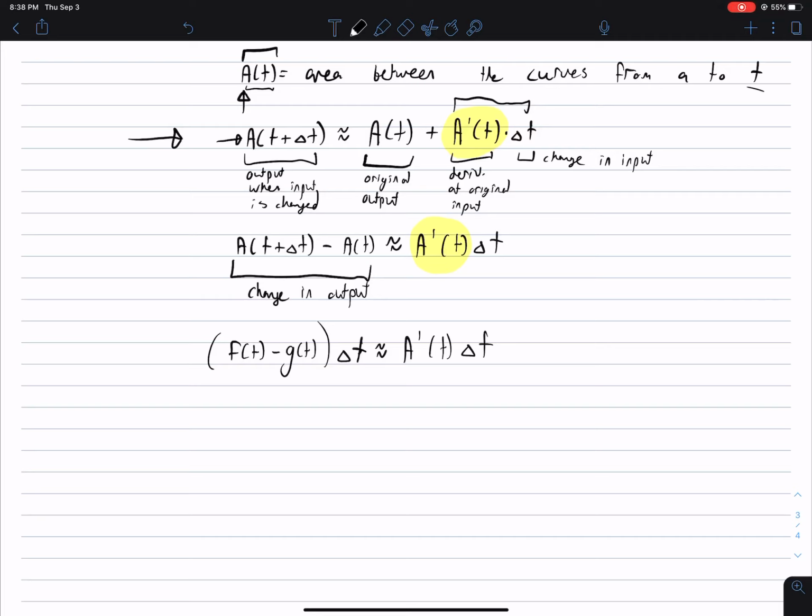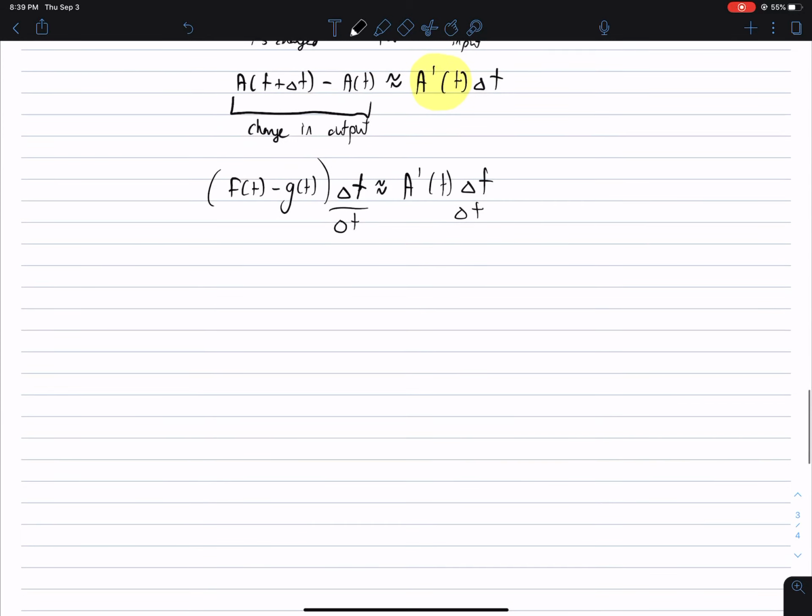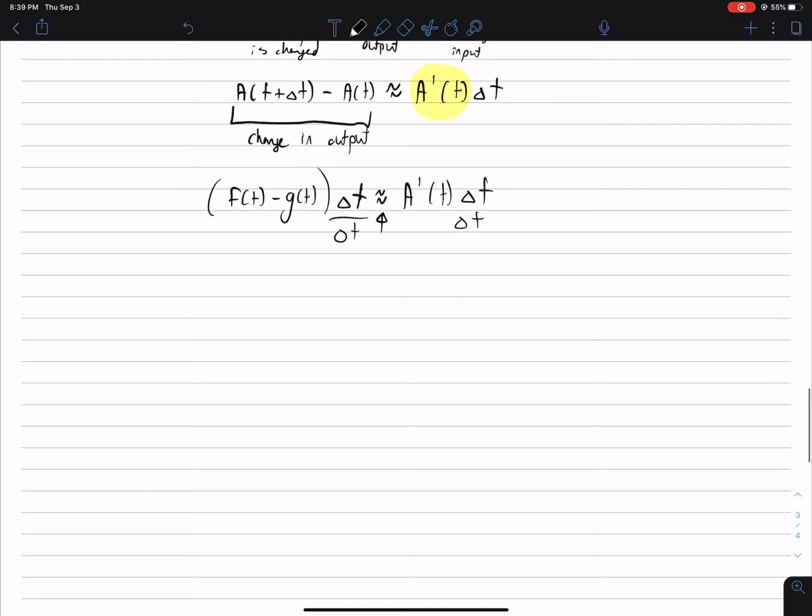And once we get here, we get lucky, and you can divide by delta t on both sides. So that leaves us with A prime of t, and it also turns that back into an equal sign because you're getting rid of that delta t. So now we're just left with, I'm going to write it the other way, A prime of t is equal to f of t minus g of t.